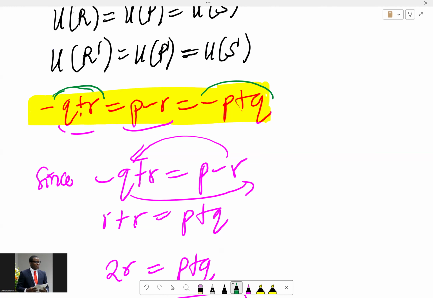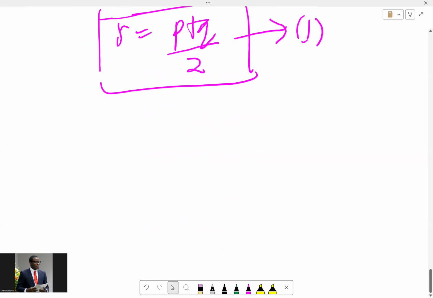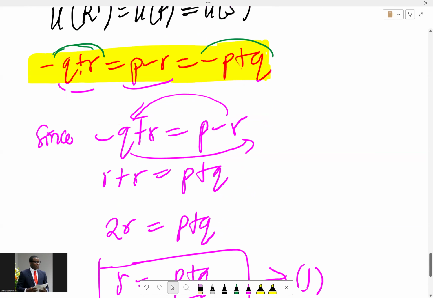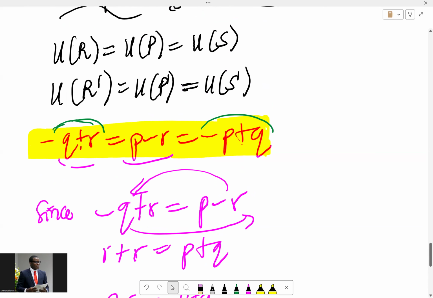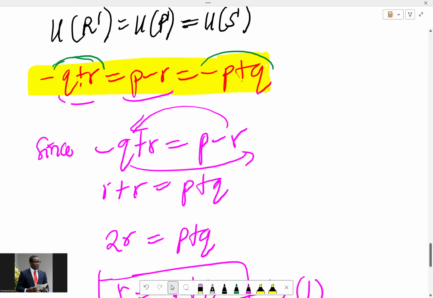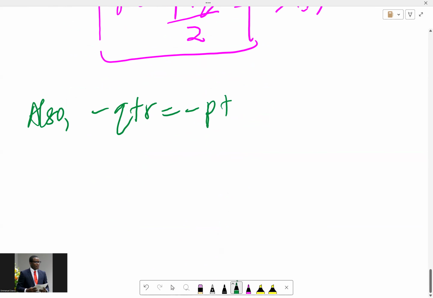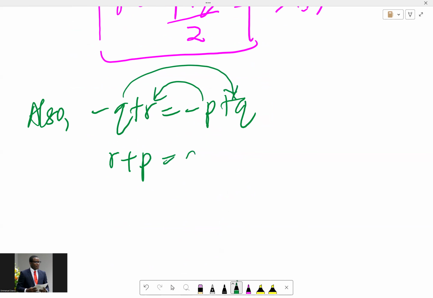That means R plus P, because this can come, equals Q plus Q. So R plus P is equal to 2Q.